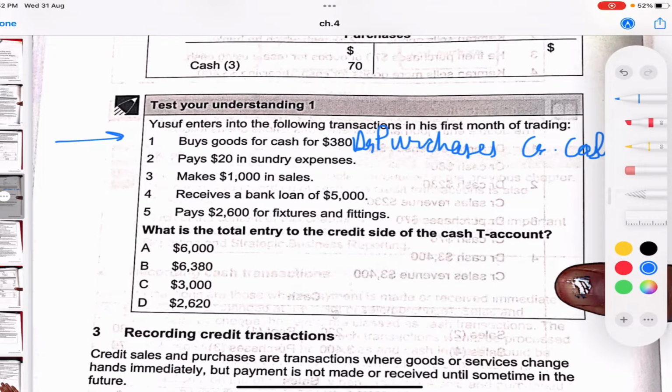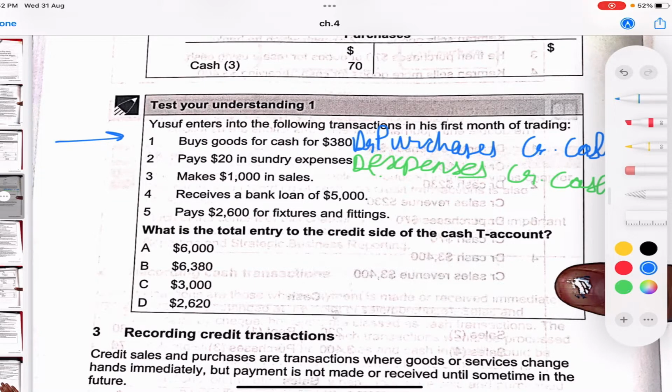Right. Now, pays $20 in sundry expenses. So you know what sundry expenses is. Sundry expenses is nothing but expense. So what happens when an expense increases? The second one is pays 20 in sundry expenses. Expenses account gets debited and we credit the cash account.